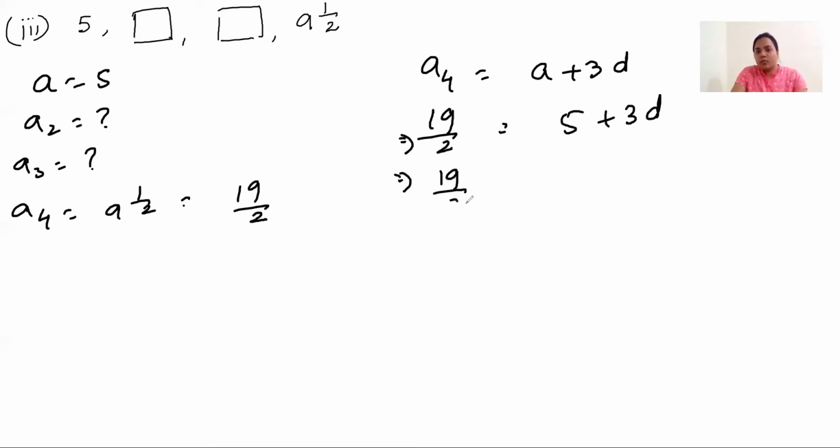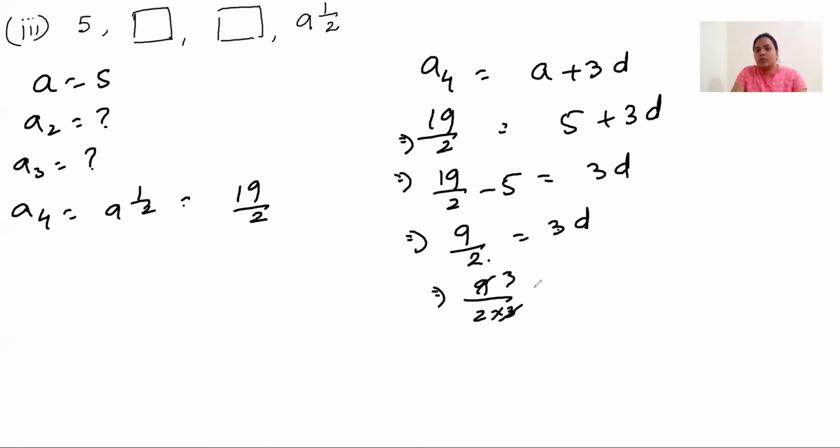So 19 by 2 minus 5 is equal to 3D. This will be equal to 9 by 2 is equal to 3D. This 3 will come down and this will become 9 by 2 into 3. 3 cancelled. Therefore, D is equal to 3 by 2.